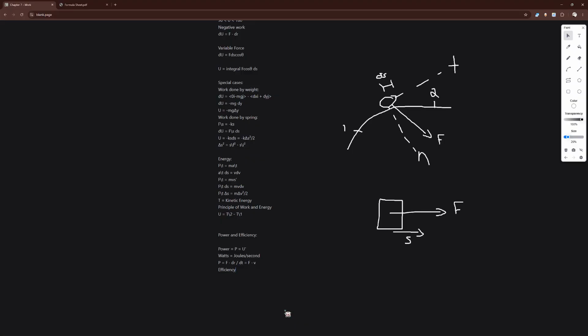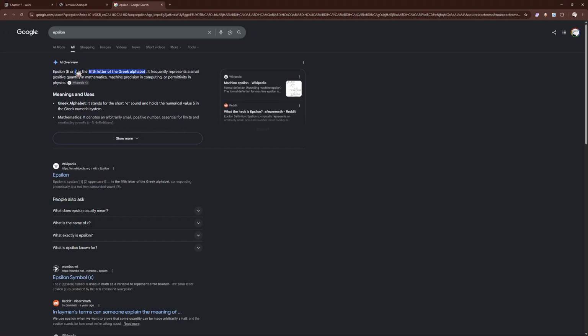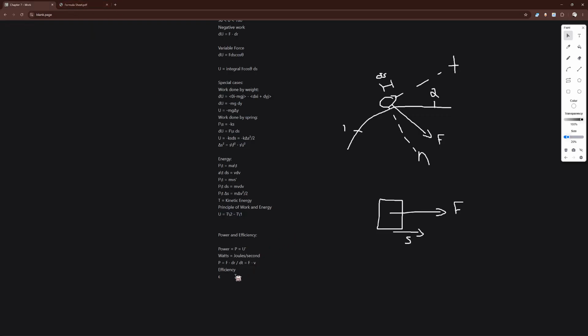Efficiency is the ratio of useful output to the input. We use a little e for this, which is like epsilon. We have epsilon is equal to output over input.